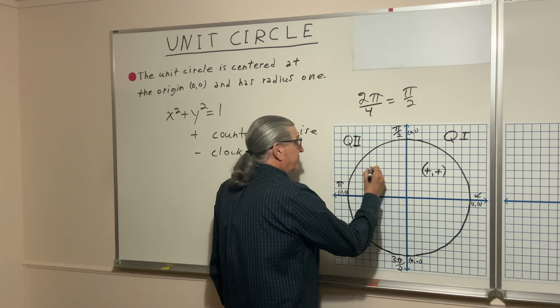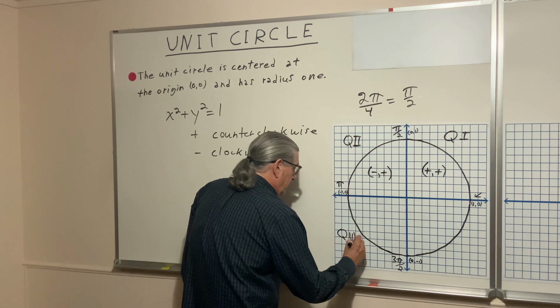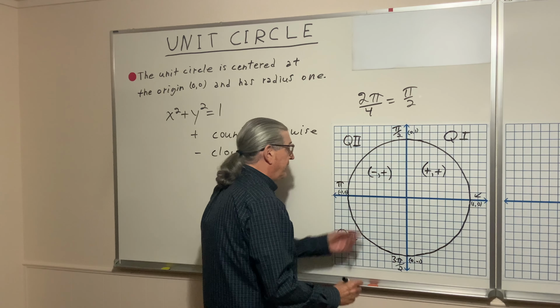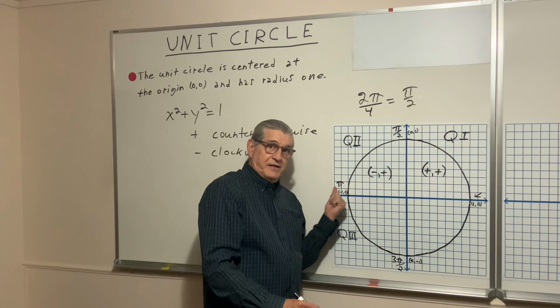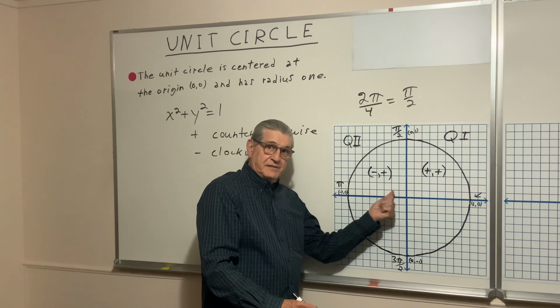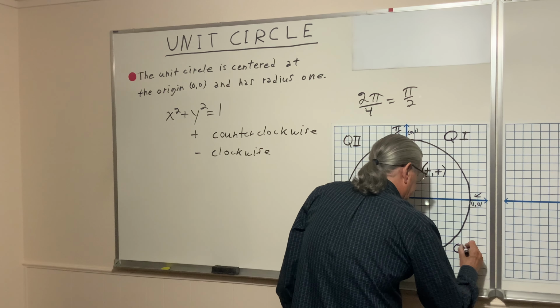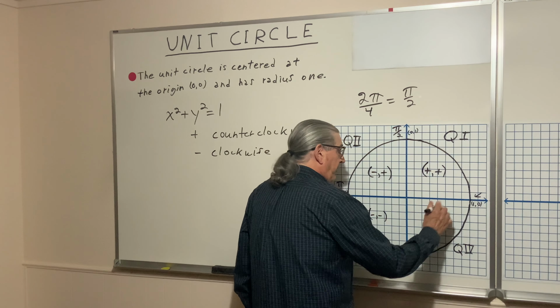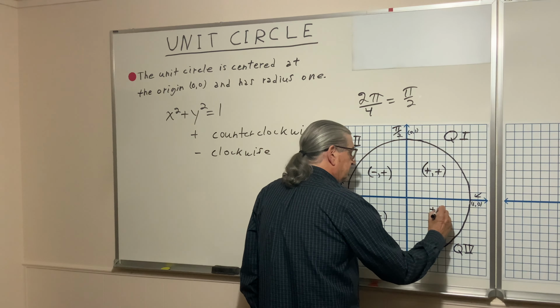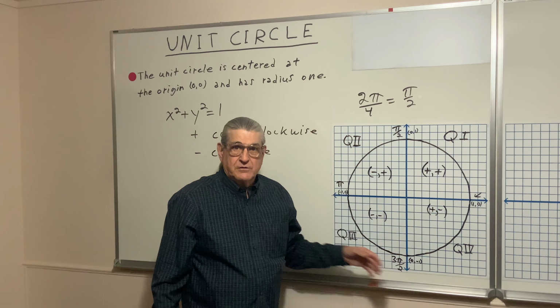If we go to Q3, now everything's negative. We're on the negative x-axis, we're below the x-axis, so all the points are going to be negative, negative. And lastly, Q4, we're back positive on the x-axis and negative on the y-axis. So this helps us to know where we are on this curve.